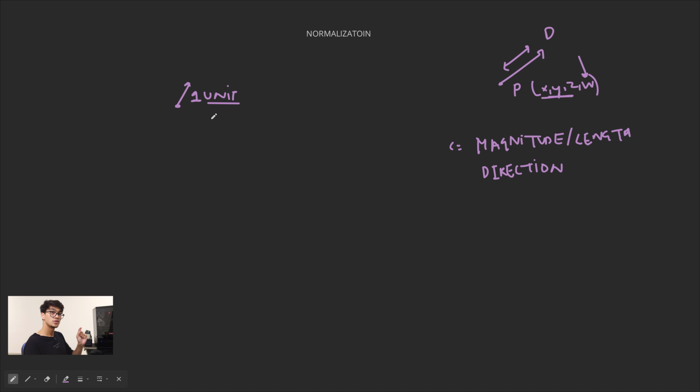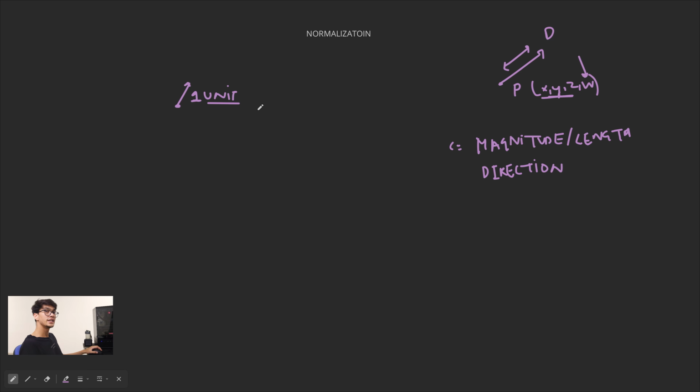That's why we use the magnitude as 1, because if we used 0, the final result would be 0. But if we use 1, the final result will be the same. That's why we use 1, and we call this a unit vector, so we only have the direction part.